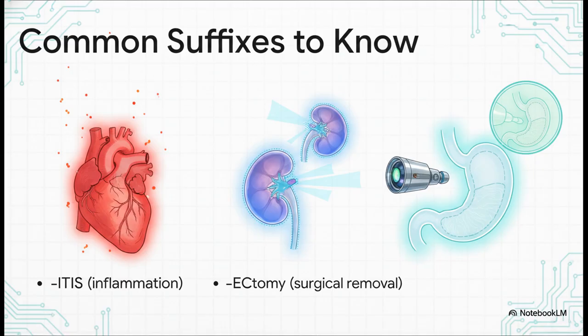If a word ends in itis, I want you to immediately think inflammation. You know, something's red, angry, swollen. See the ending ectomy? That means something is being surgically removed, just gone. And scopy? That's a visual examination, like when they use a tiny camera to look inside the body. See? The suffix is absolutely the key to understanding what's going on.